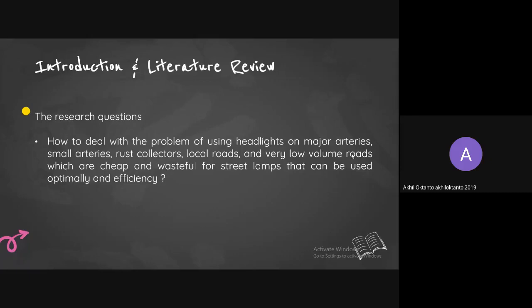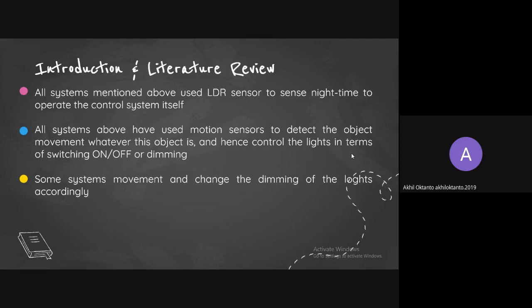The research question is how to deal with the problem of using headlights on major arteries, minor arteries, rural collectors, local roads, and very low volume roads, which is expensive and wasteful, so that street lamps can be used optimally and efficiently. All systems mentioned above use an LDR sensor to sense nighttime to operate the control system itself.